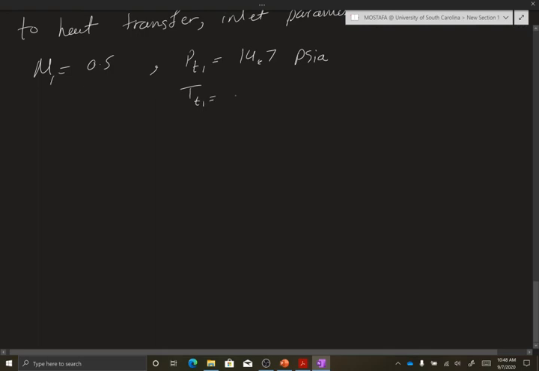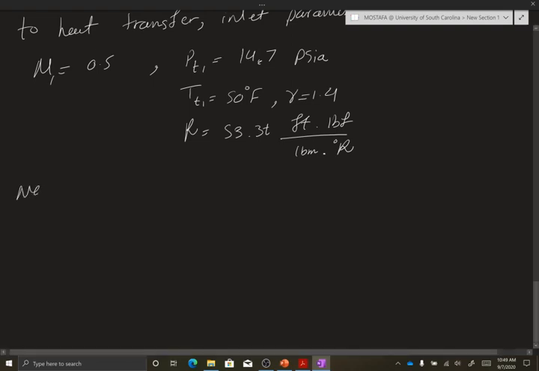TT1 is equal to 50 degrees Fahrenheit. Gamma is 1.4 and R is equal to 53.34 feet pound force over pound mass degrees Rankine.